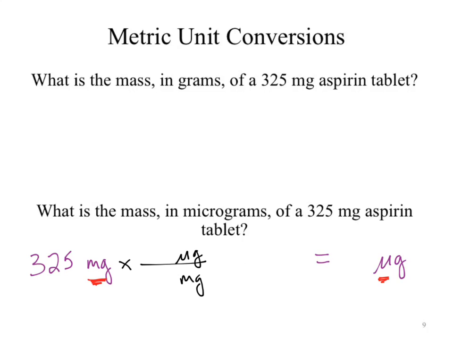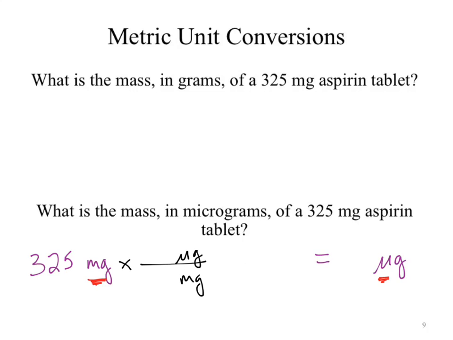Okay. Is there a common factor between them? And what is that common factor? Okay. So you see the common factor of grams? So now what we can say is, okay, I may not be able to directly convert between these two, but I can convert them to grams. So grams is the common relationship between the two. So if I can get it into grams, I can then shift it back into micrograms.